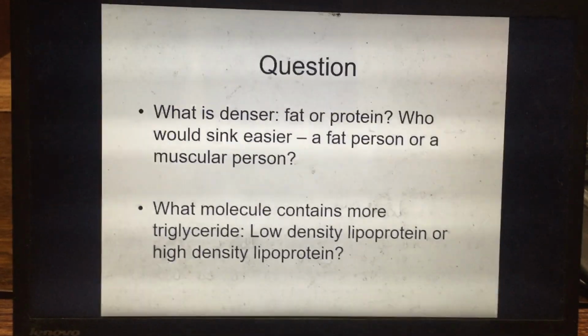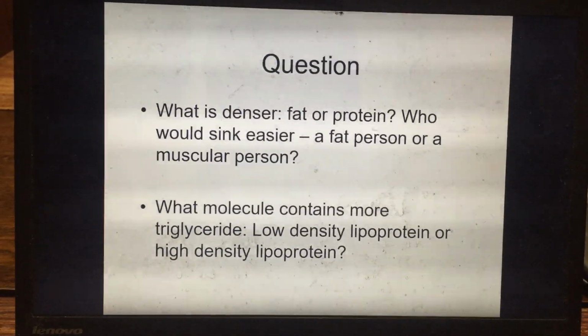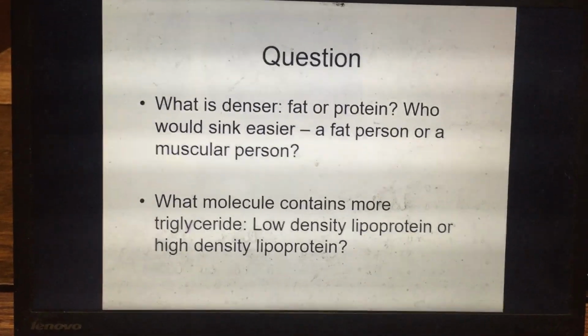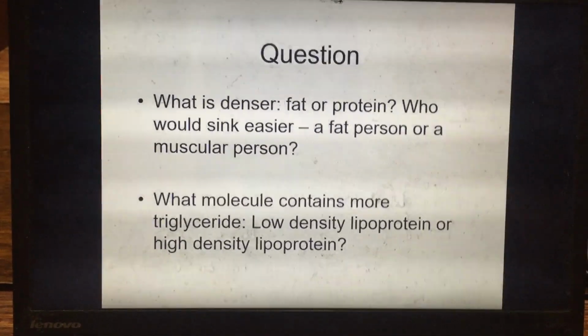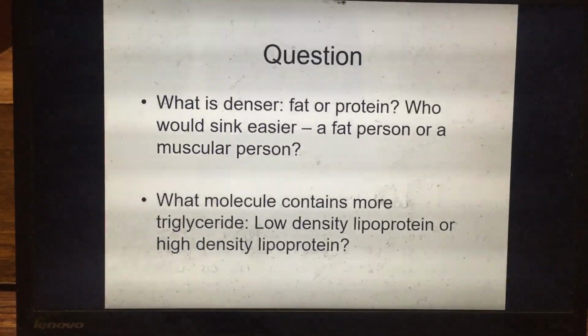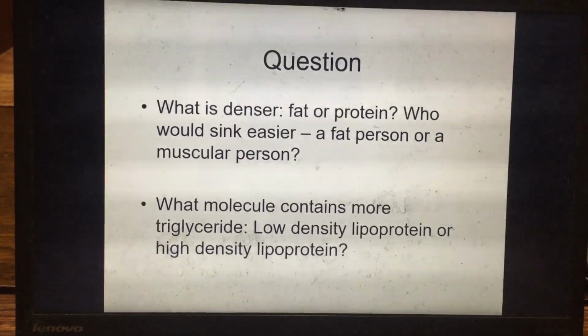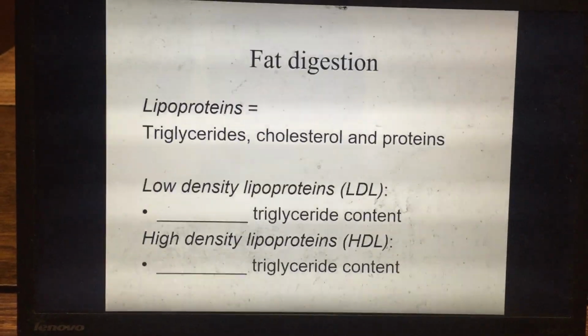The other question here is, what molecule contains more triglyceride, your low density lipoprotein or your high density lipoprotein? The correct one is the lipoprotein that has a lower density, because triglyceride is fat, and so if you have a greater amount of fat in the lipoprotein, it's going to have low density.